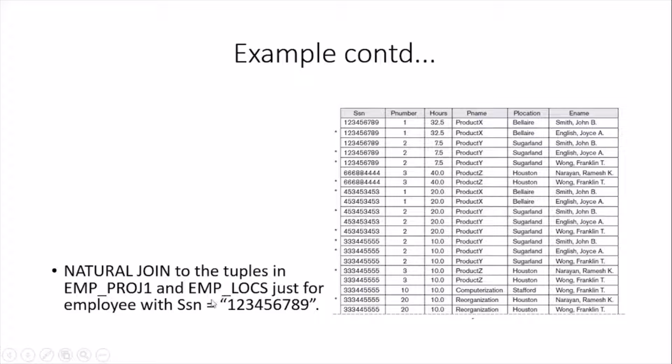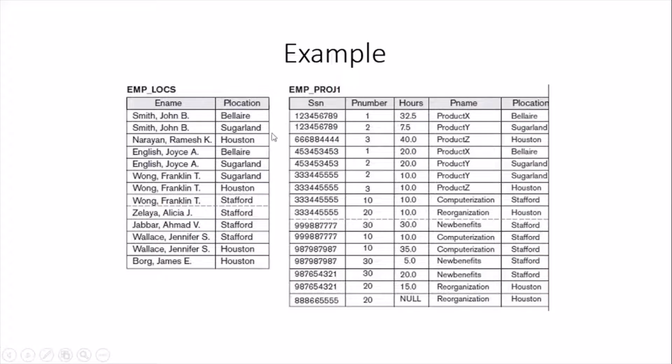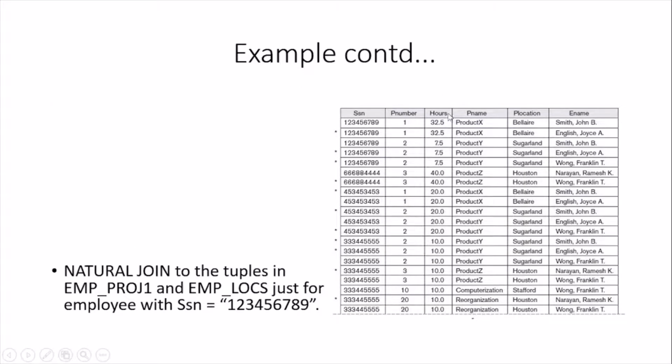suppose you consider SSN equal to 123456789. So these are two relations, employee underscore project one and employee underscore locations. The common attribute is P location, and the join will return all the tuples for which the P locations are the same.